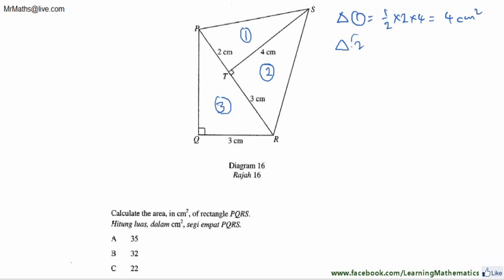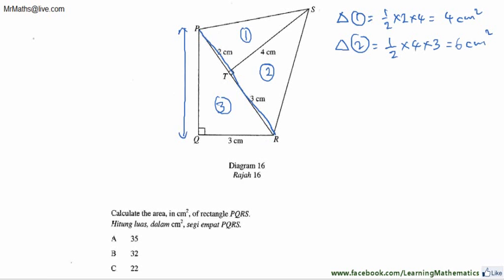Triangle 2 is half times 4 times 3, which is 6. Then triangle 3, we need to do a bit more homework because we do not know the length of PQ. But we know the hypotenuse is 5 cm. So what is PQ?